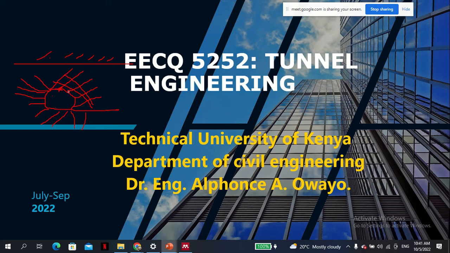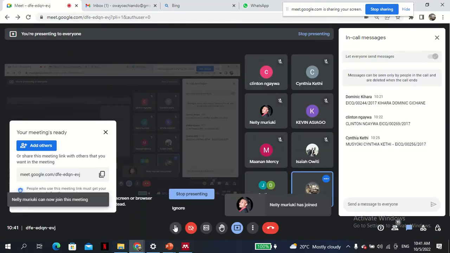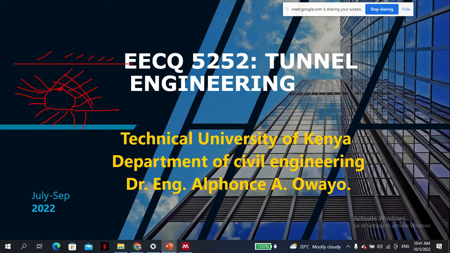So they will affect the ease with which the tunnel might fail, because once you create a line of weakness here, and the rocks are jointed this way, most likely this part will slide into the space that you're trying to create, and you won't have your tunnel anymore.